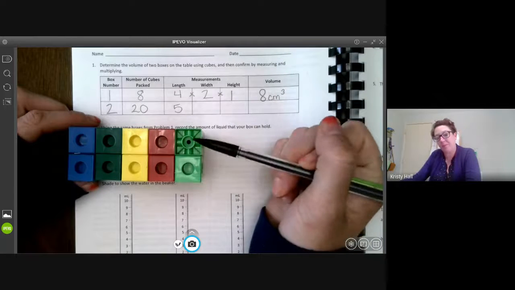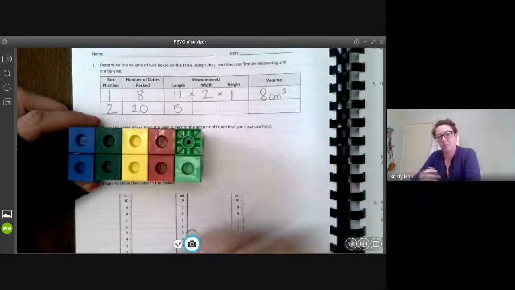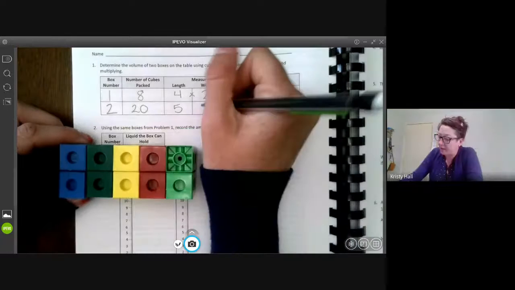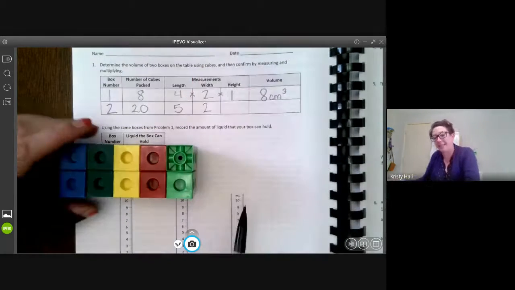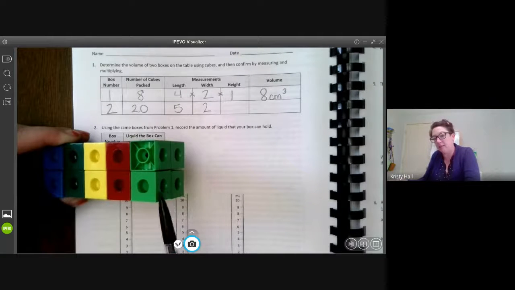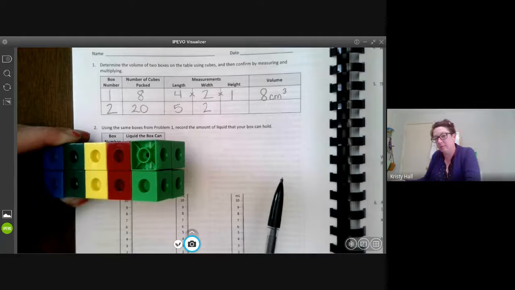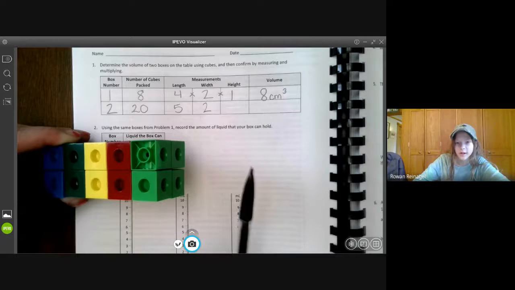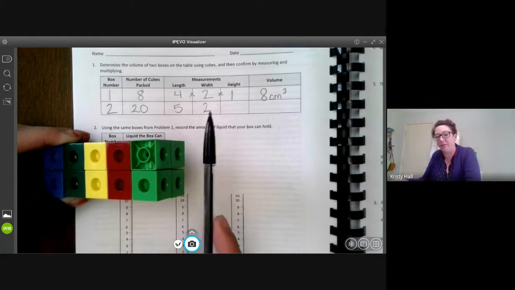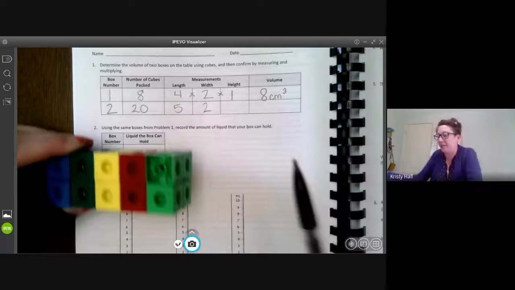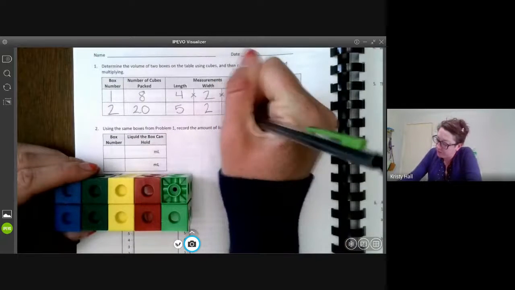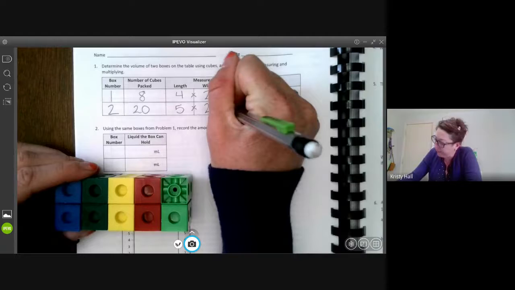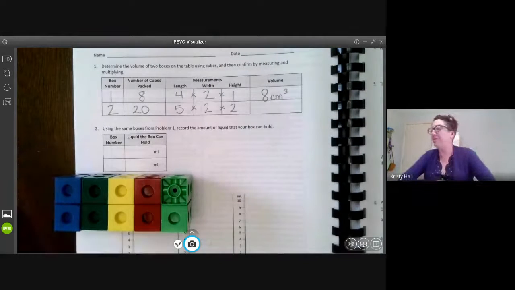Now I'm going this way. 2 blocks long. Good. And then the height is how tall it is. 2 as well. Right. We have 2 layers going from bottom to top. So I have 5 times 2 times 2. Go ahead and solve that.